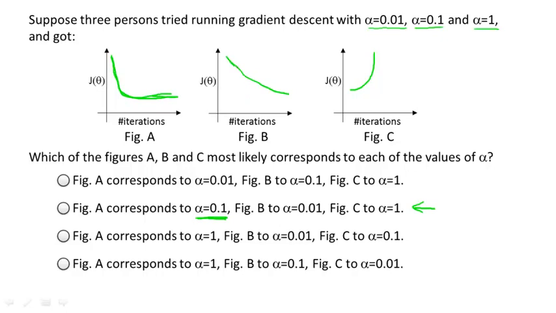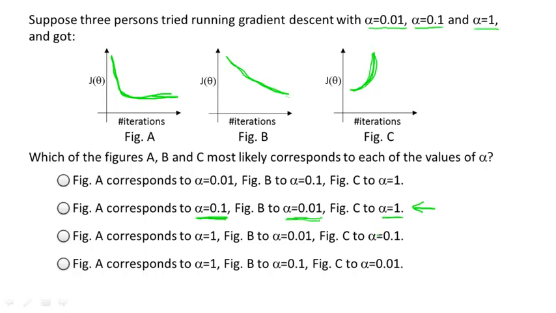In this figure, J of theta is decreasing much more slowly, and so that probably corresponds to a smaller learning rate. And in the figure on the right, J of theta is diverging, and that corresponds maybe to a learning rate that is a little bit too large. Okay, like alpha equals 1.